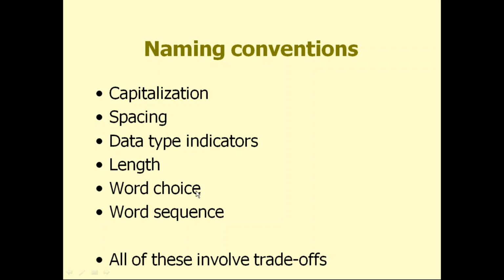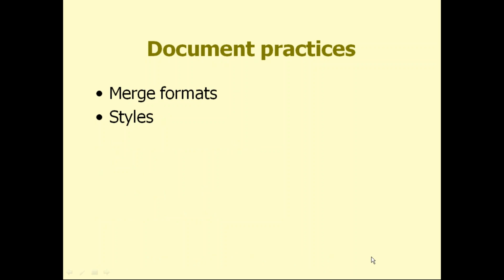You want to choose words that actually describe carefully the information your variable is meant to contain. You want to sequence the words generally so the most important concept is up front. So it'd be something like plaintiff, name, first, TE would be a way to handle that. That way when you sort them on your component manager, they'll come up in logical groupings. But all of these things do involve some trade-offs. There are reasons not to do what we recommend, and you need to decide what best suits your needs.